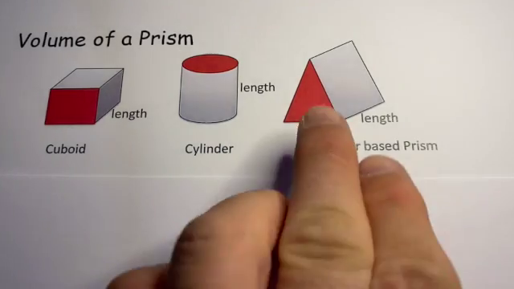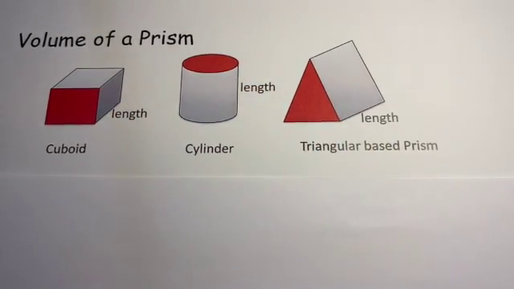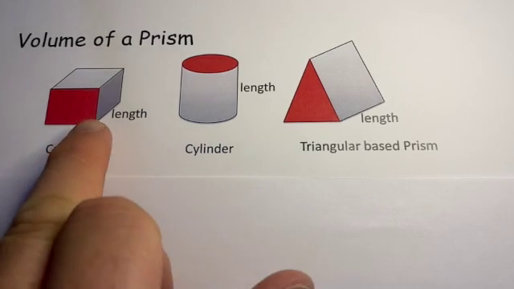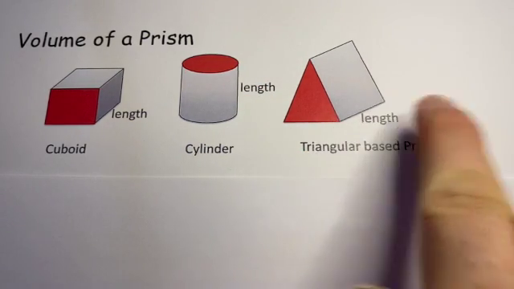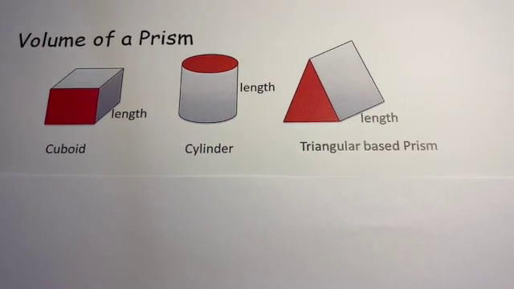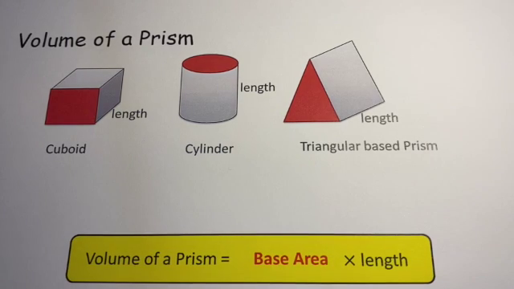Now once you know the area of the end or base of the prism, to work out the volume, all you have to do is times by how long the prism is. So the volume of any prism will always be the base area times by the length.